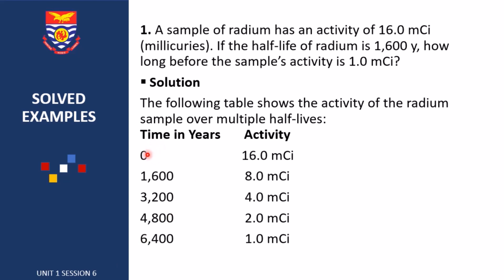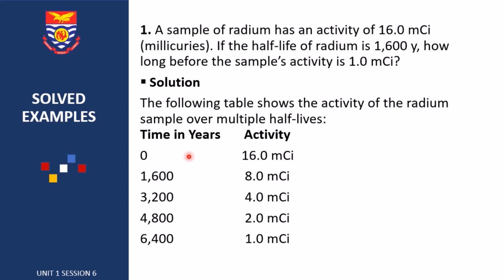At the initial year, we have 16 millicuries as the activity. After 1600 years, half of the 16 millicurie will decay, so we'll be left with 8 millicuries.